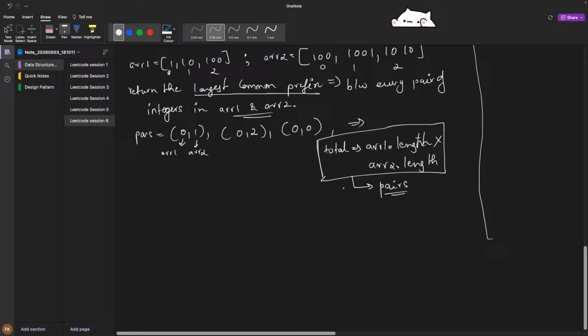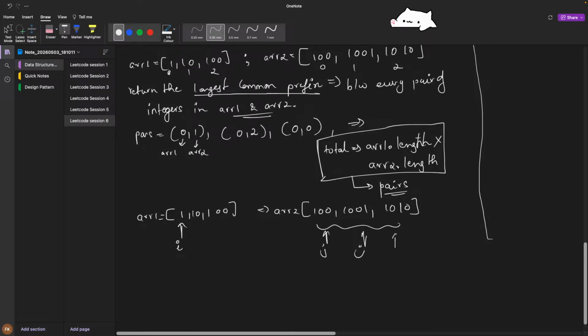So the brute force approach would be comparing every element from ARR1 with every element of ARR2. Comparing this i with every value here, j, and then moving forward again and comparing the next element with every element here.